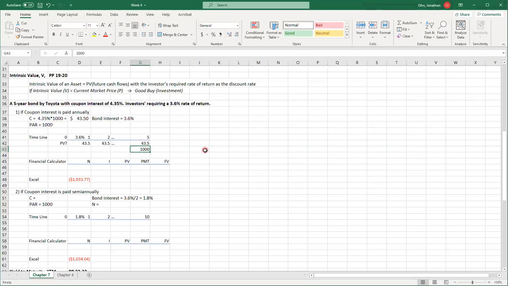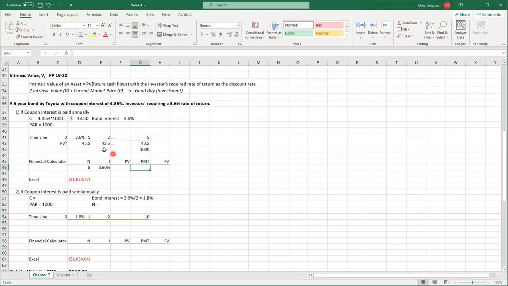Now, if you want to solve this using a financial calculator, this is the one. You just identify these four components and you solve for the present value. So N is 5 for the 5-year bond, and the bond interest rate, not the coupon rate, is 3.6%, and then PMT is the $43.50.